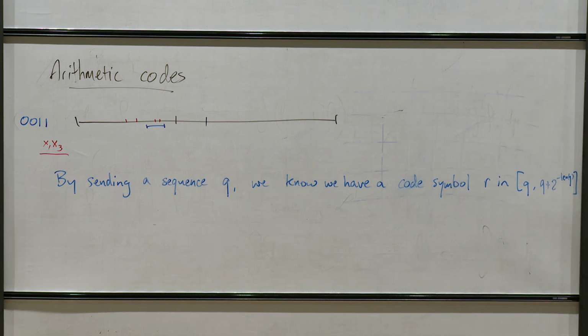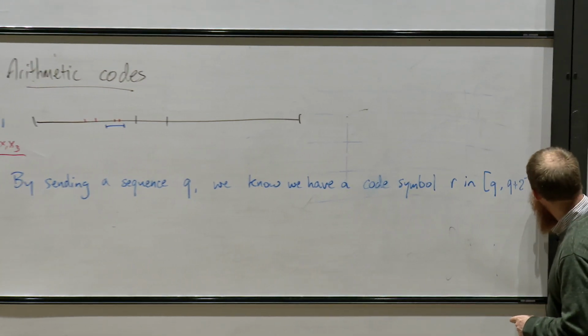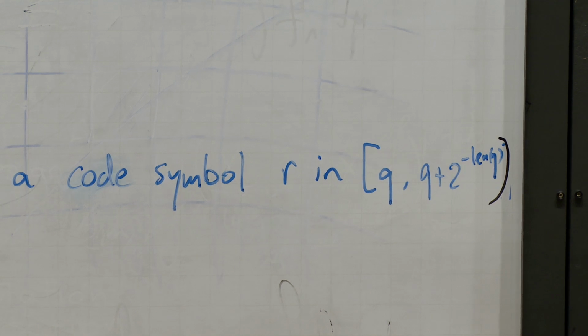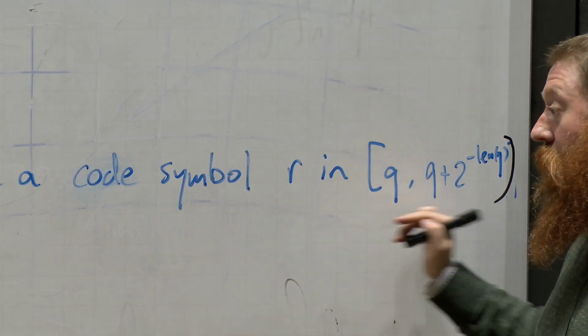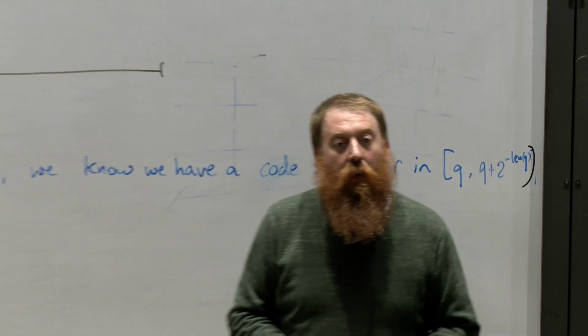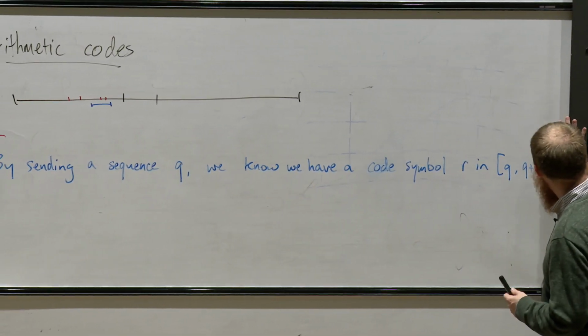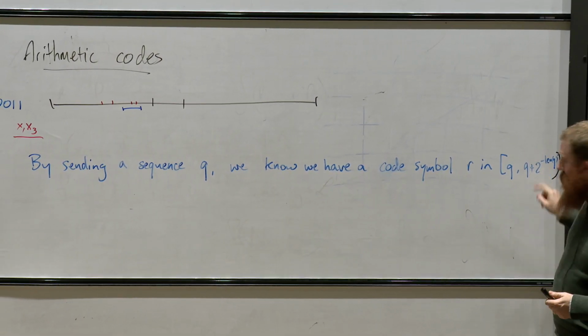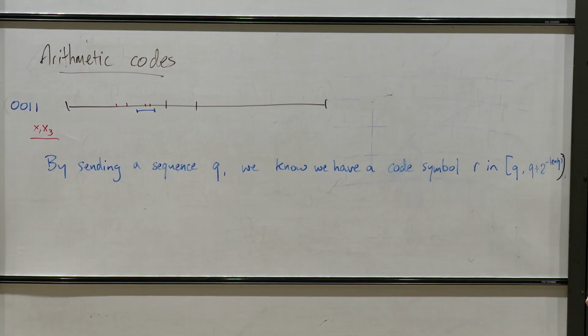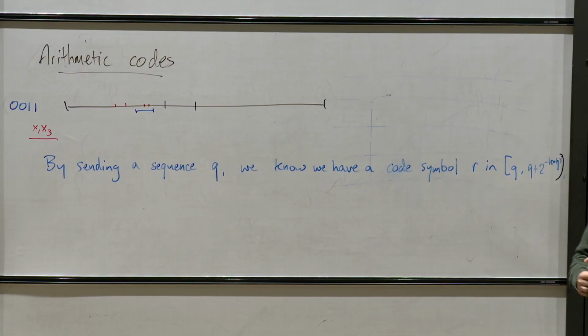So this is how many terms are in there. So we know that we're in this interval. In fact, we can sort of leave it open on the left because I'm going to send the first digits. So I know I have something in here. Sorry, what's in that power? It's the length of Q. Okay? I think that's right. Yeah, that's right.